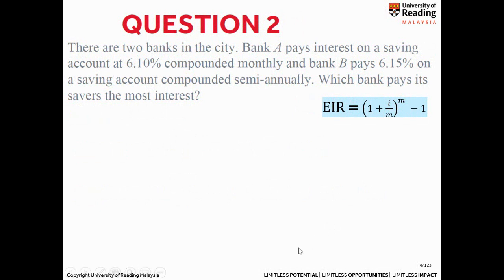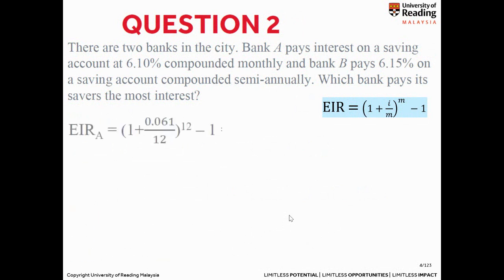Which bank pays its saver the most interest? If you are putting your money in the bank, obviously you want to get the highest possible return. We shall use the EIR formula to compare the effective interest rate.